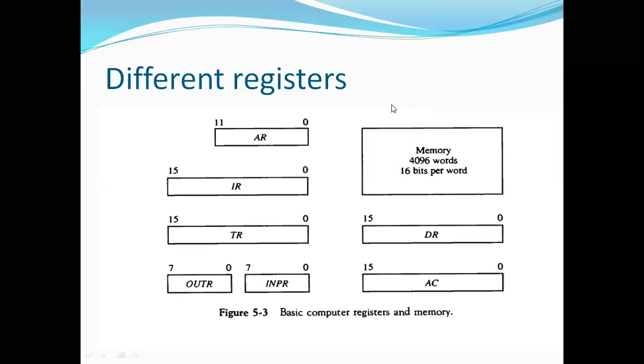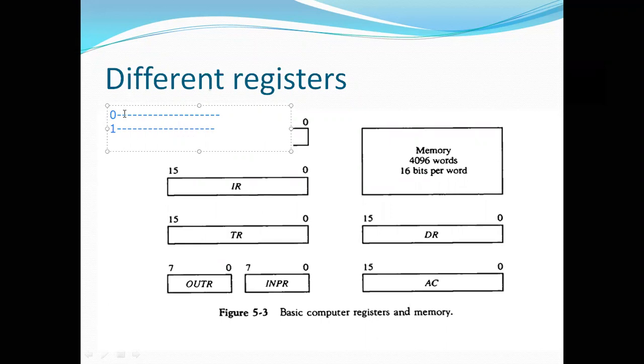Just I will show you here, I am using a text box. See here, from the 0th location the data will be stored like this, and the first location data will be stored like this, and so on up to the 4096th location with its data, and this is the address.